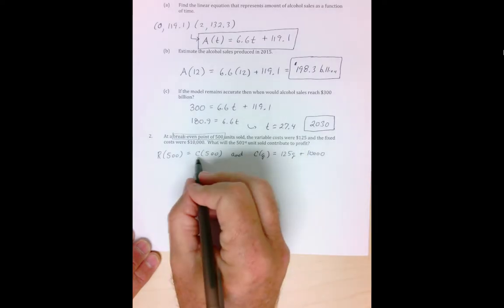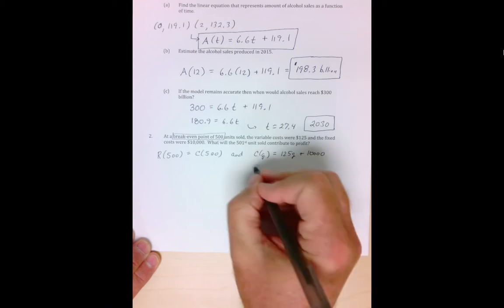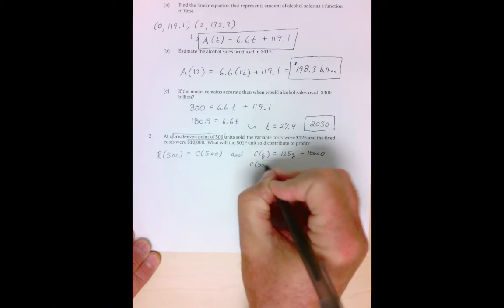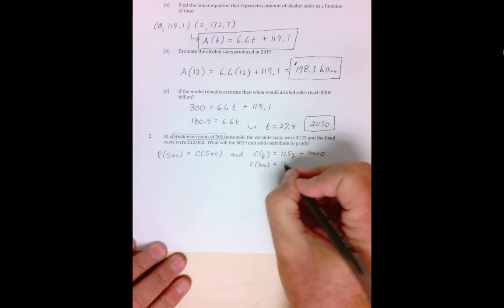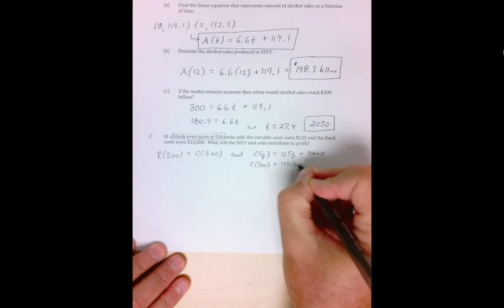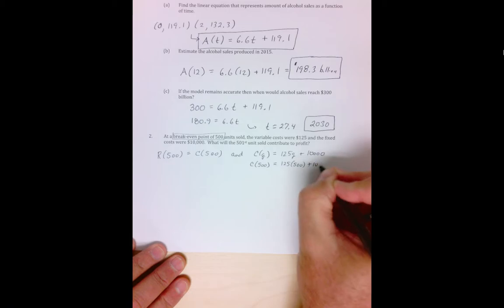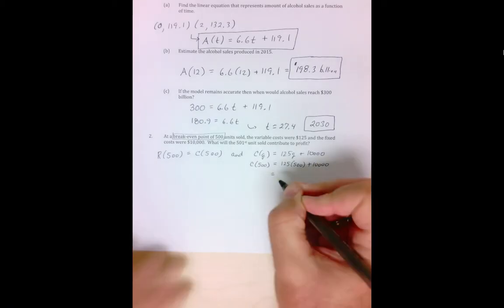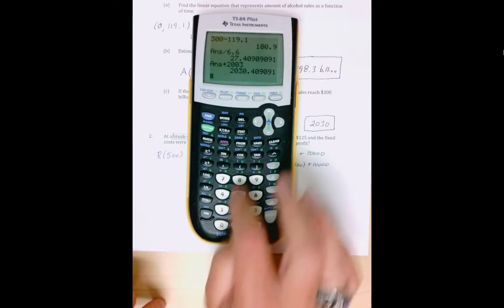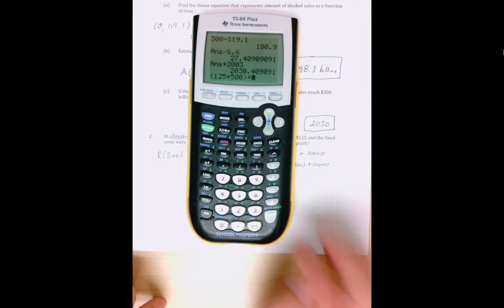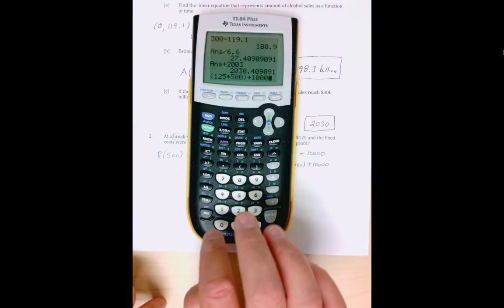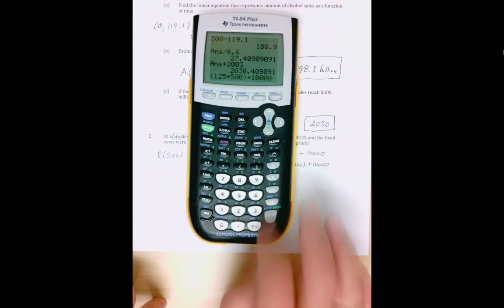Now, I know that the C of 500 is playing a role in this problem, so I'm just going to go ahead and calculate C of 500. And when I do that, make sure we got the right number of zeros.